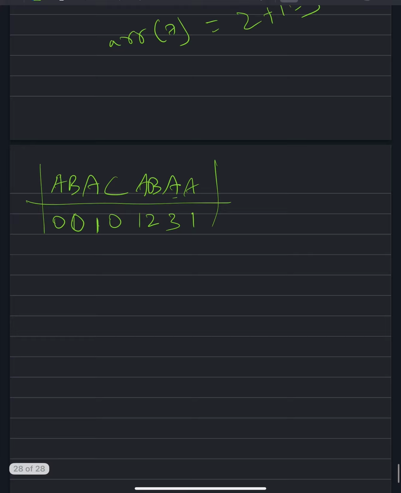What was the option? We have reached till 3. We wanted to check for 4, but it is not matching. So 4 is not possible. Okay, so now previous LPS was 3. So we just check for LPS 2. Means we are asking, brother, tell me what is the maximum LPS possible for this substring.